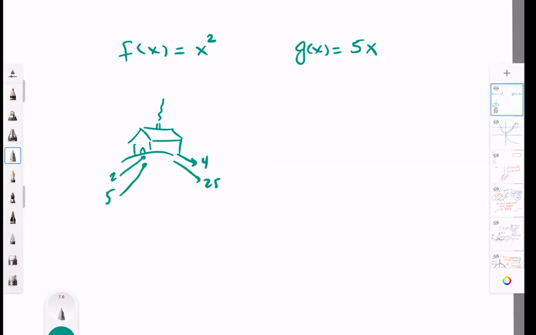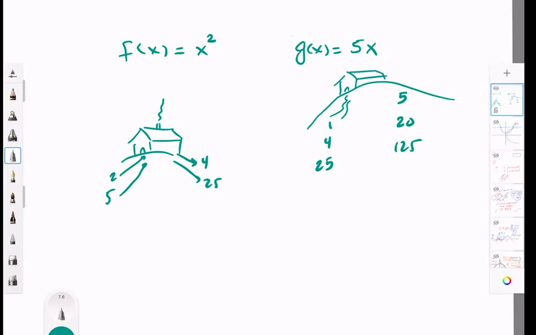And there is another factory on top of this mountain. This is g of x. If 1 goes in, we get 5. If 4 goes in, we get 20. If it's 25, we get 125.